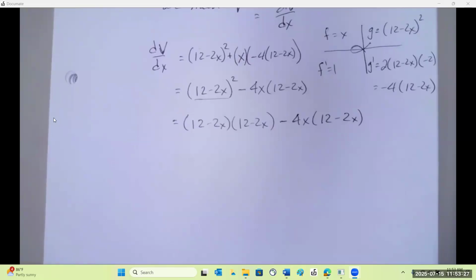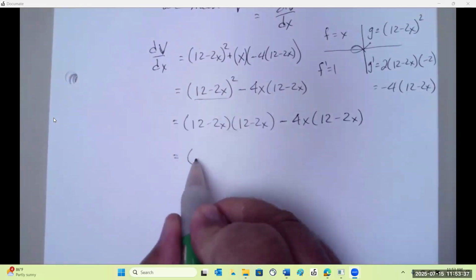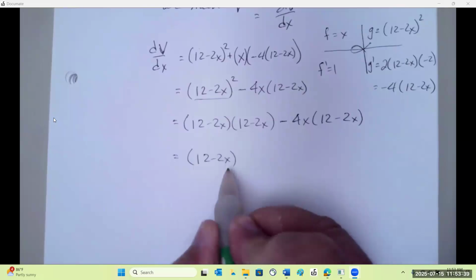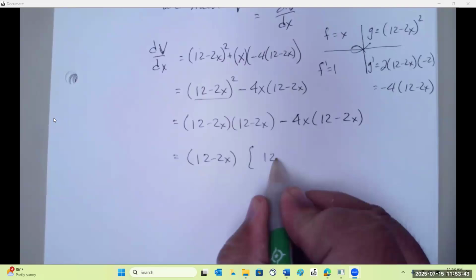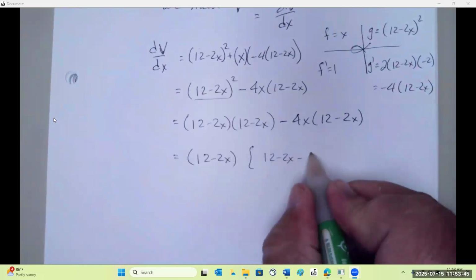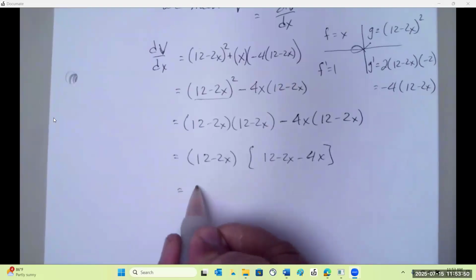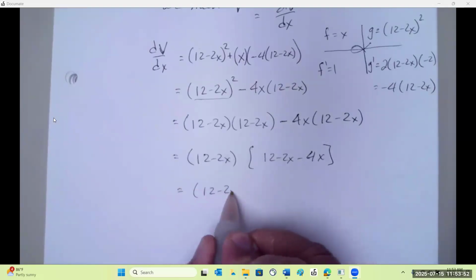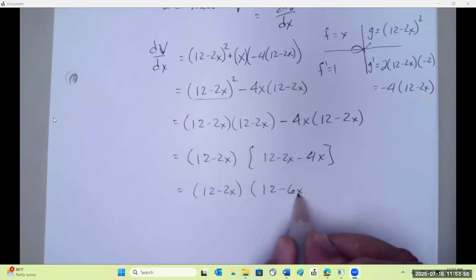Let's see here. We know we can factor out a 12 minus 2x out of both of those. That'll leave us with 12 minus 2x minus 4x, minus 6x.